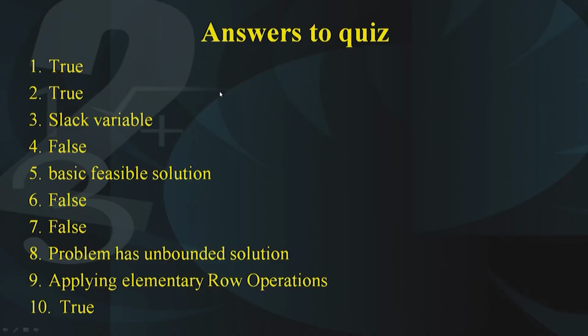The answer to question number 1 is true, question number 2 is true, question number 3 slack variables, question number 4 false, question number 5 basic feasible solution, question number 6 false, 7 false, 8 problem has unbounded solution, 9 by applying elementary row operations, and 10 is true.